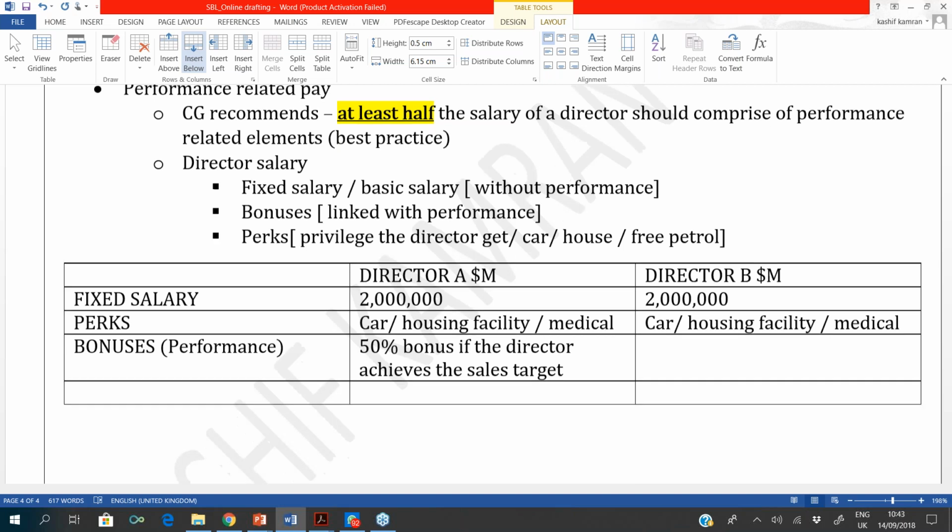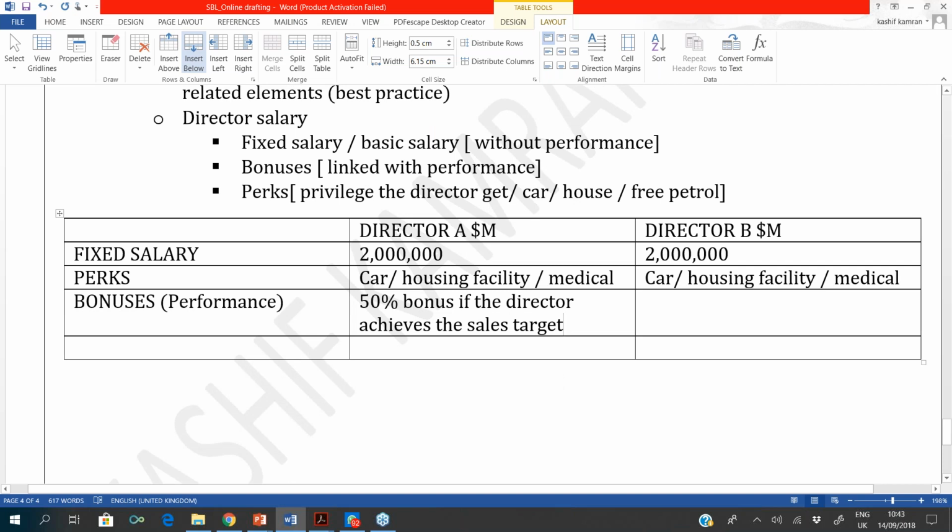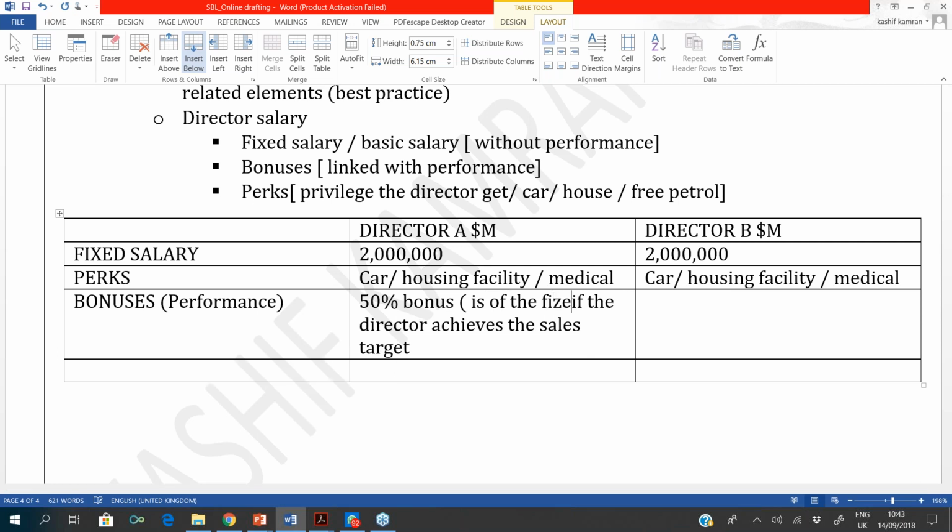And bonus is of what? Fixed 50% bonus is of what? Of the fixed salary.